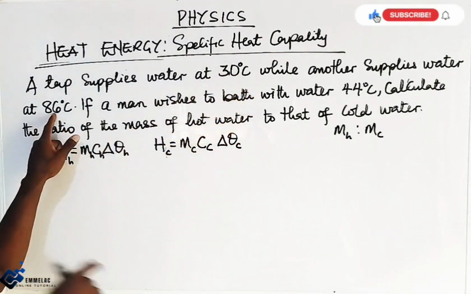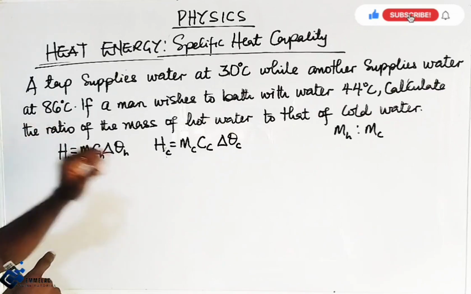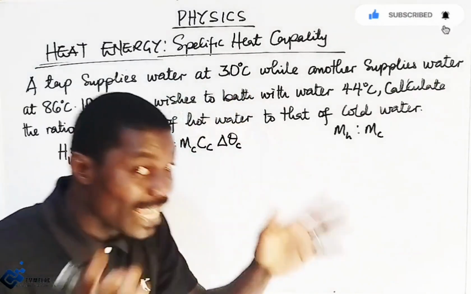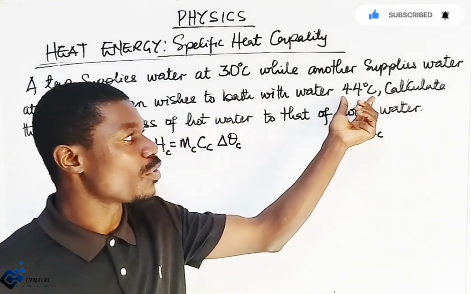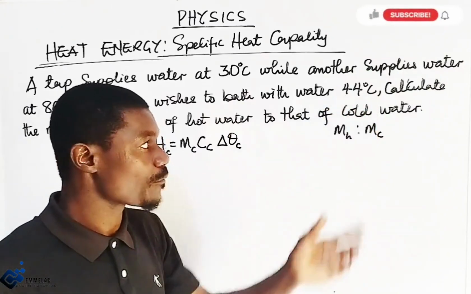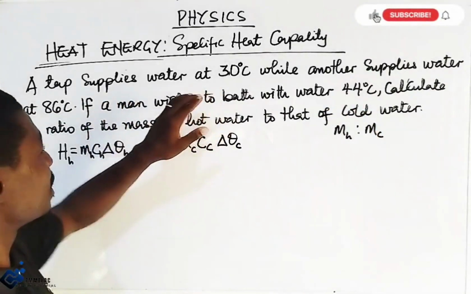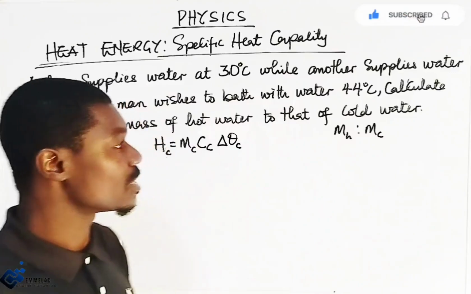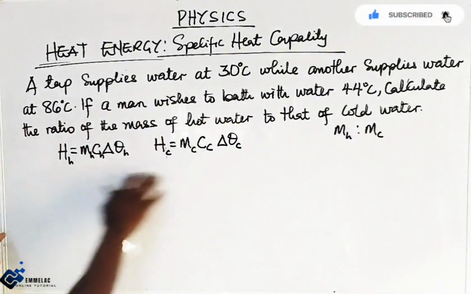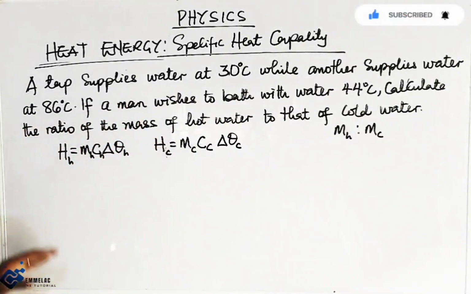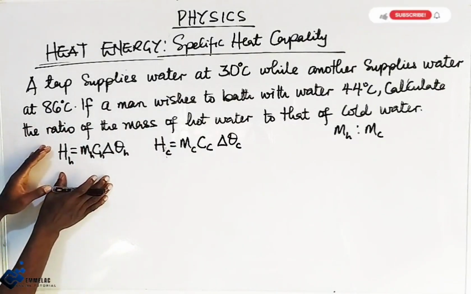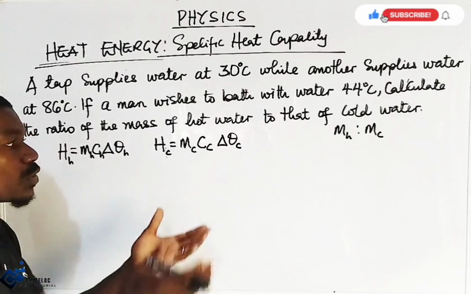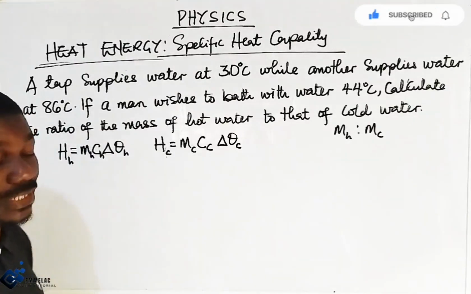The same quantity of heat that is lost from this hot water is also absorbed by the cold water, and at the end it boils down to equilibrium, because after the release of the energy, the cold water gains it, then they settle at what? 44 degrees Celsius. Now, how then do we marry this? It implies that the heat lost by hot water equals what? The heat gained by the cold water.